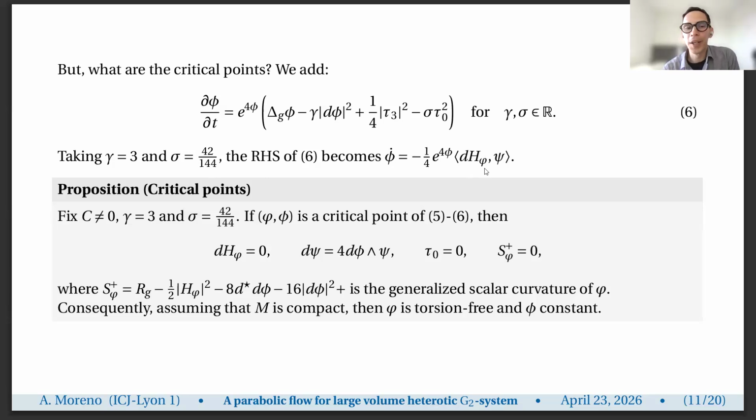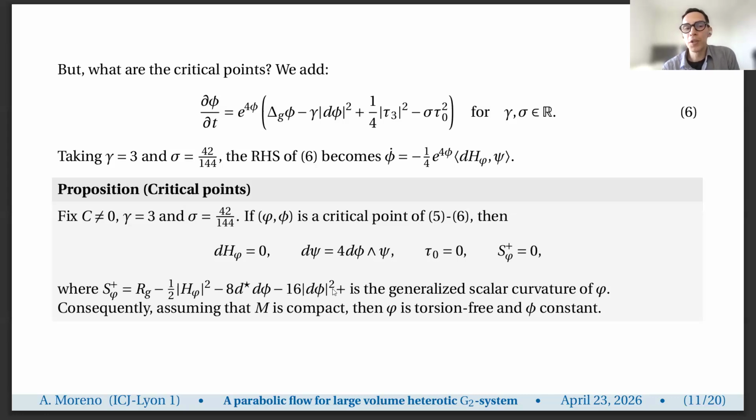What you can prove is that in this case, for C different from 0, if you have a critical point for the coupled flow, for the evolution of psi and of the dilaton phi, then in the compact case, because of the remark that we made in the beginning, they are exactly torsion-free G2 structures, and the dilaton is going to be constant.